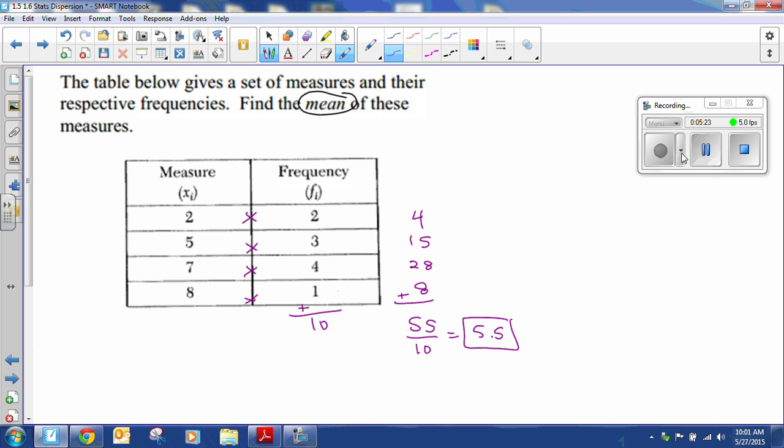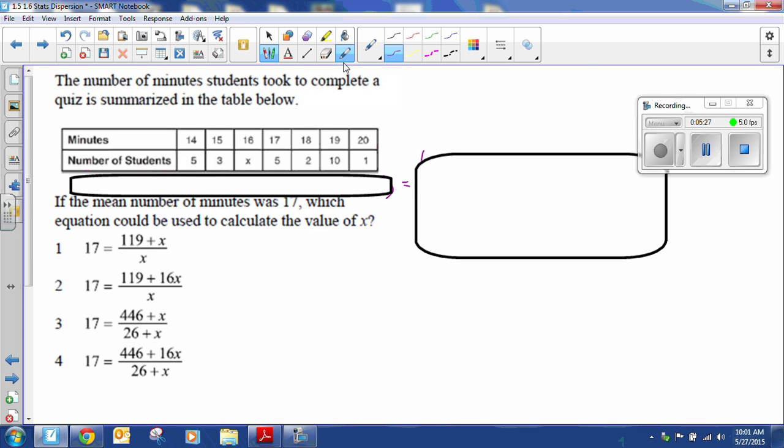Now with that same logic, I want you to answer this question. The number of minutes students took to complete a quiz is summarized in the table below. If the mean number of minutes was 17, which equation could be used to calculate the value of x? So there's a missing data point here, right?